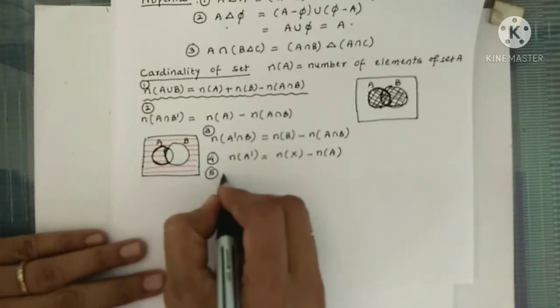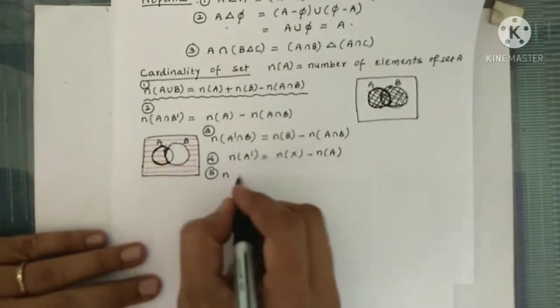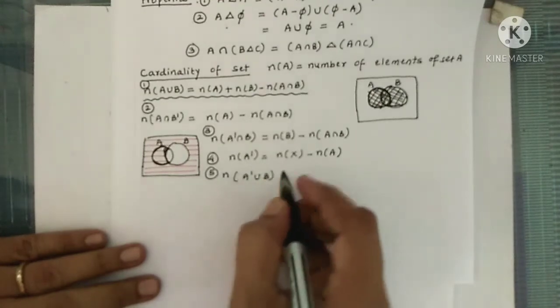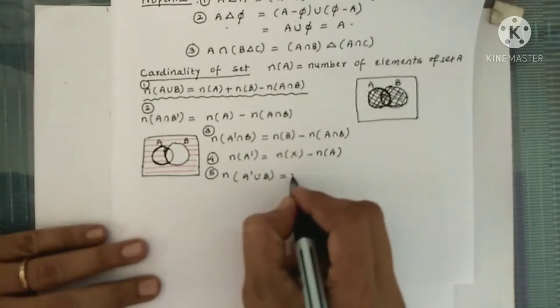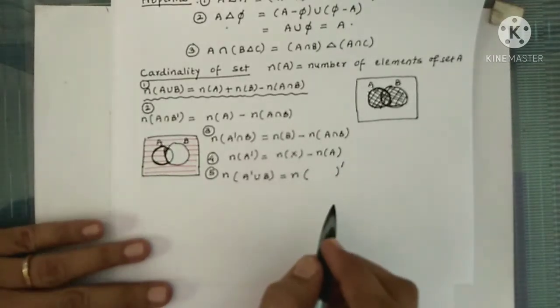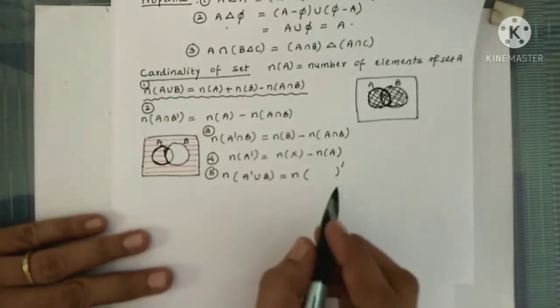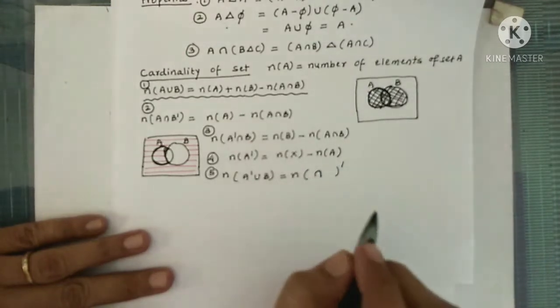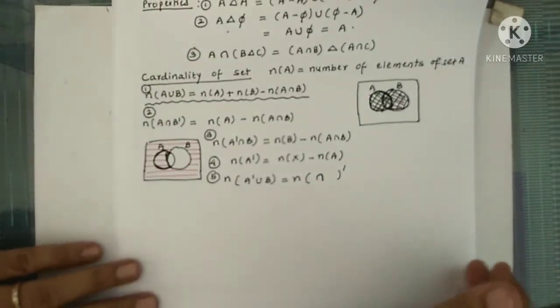Now here we have the formula for n(A intersection B'). What happens if it is A' union B? If I want to write the dash outside, then I have to use De Morgan's laws. The law says that in between we have to interchange union and intersection.